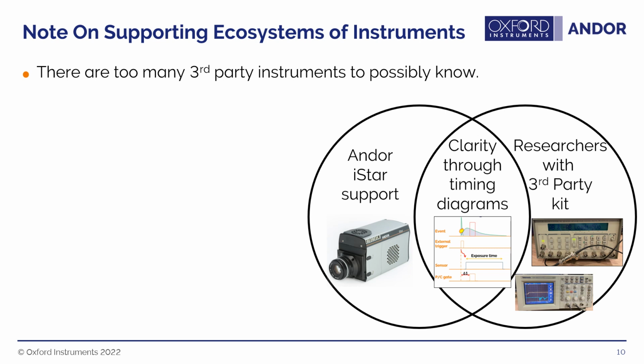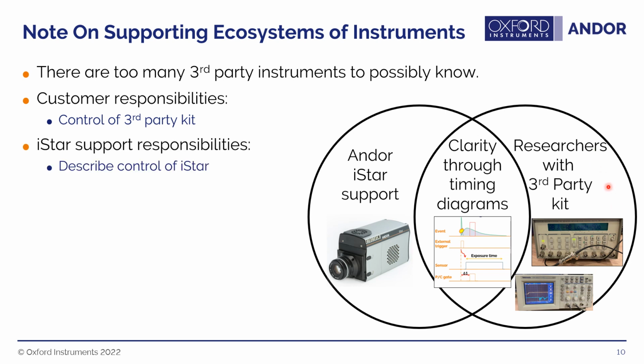So quite often there are third-party instruments that researchers will have that maybe, like in my case, I've used digital delay generators and oscilloscopes, but I may not know the exact model that the researcher uses. So in this case, really, it's the researcher's responsibility to know how to change the settings on their own third-party equipment. But we do want to try to help the researchers to solve their experimental problems.